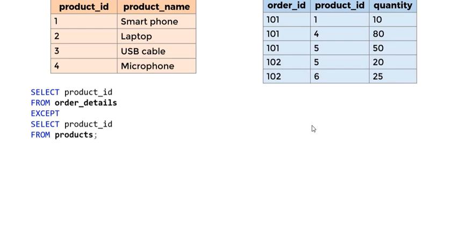This query is going to give a different result than before. This new result is all the unique product IDs in the order details table except those that are in the products table.